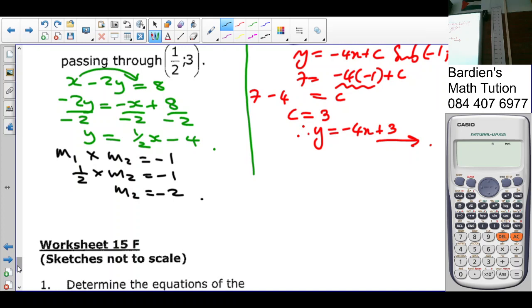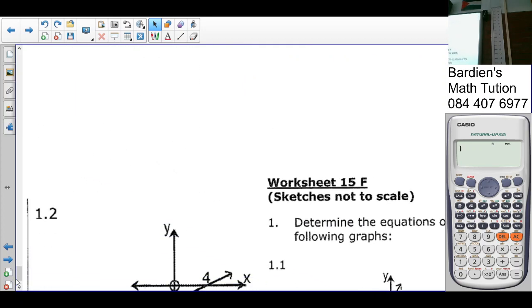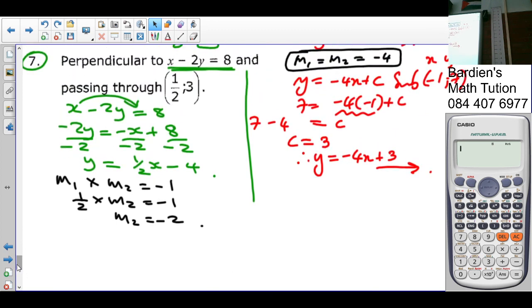Have I answered the question? No. Just move this down again. Alright. So, therefore, my equation now reads y is equal to negative 2x plus c.